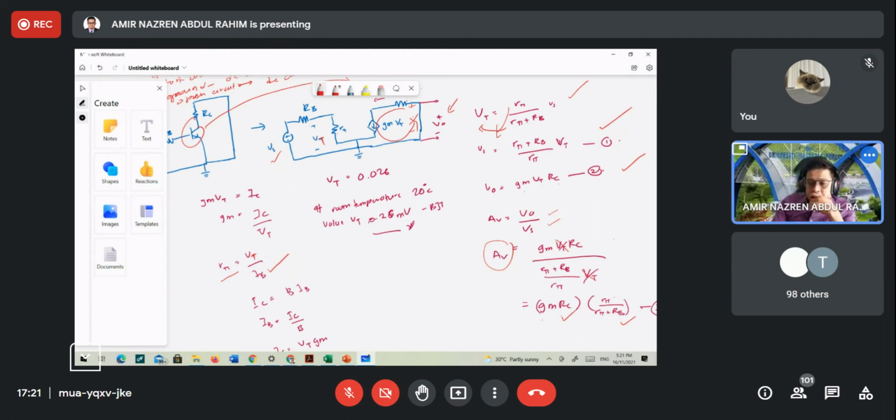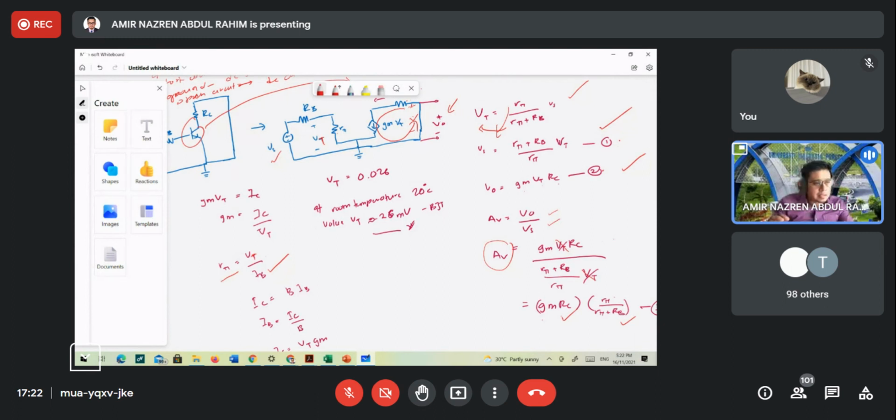So in this condition, if the question gives you the value of VT, you need to bear in mind and remember VT usually equals 26 millivolts when our BJT device is at room temperature, 20 Celsius.